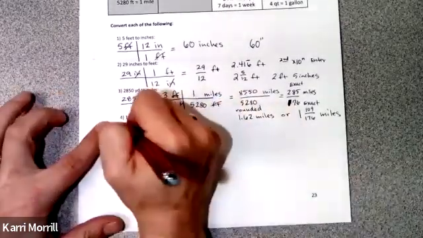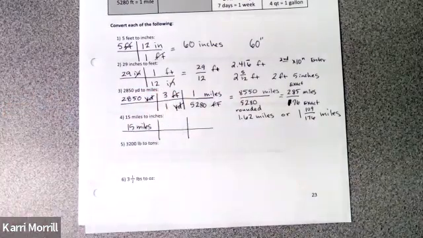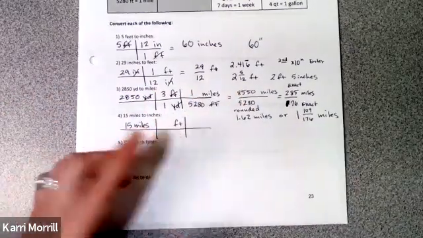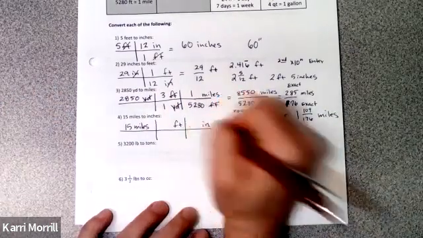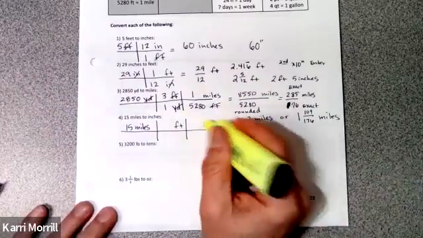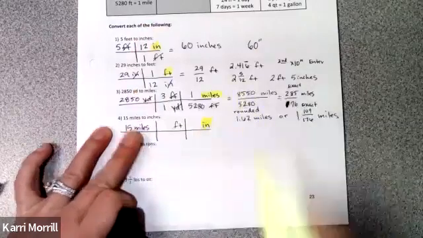This says 15 miles, and we're going to turn it into feet because we know how many feet are in a mile. Then we can turn it into inches in the end. So this is our goal unit. Each time we're going from our starting unit to our goal unit, which is the last one up top on the right.